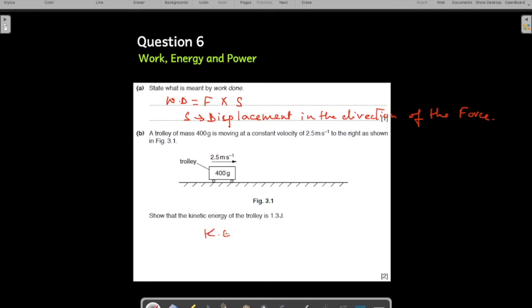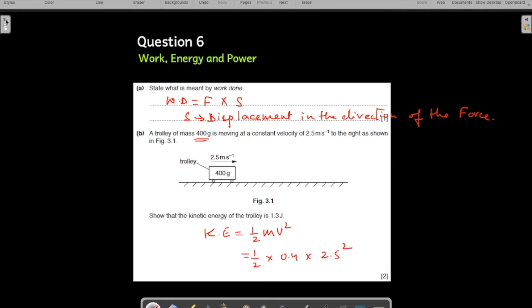Kinetic energy is half mv squared. Substitute the values. The only thing you need to take care of is that all the values should be inputted in SI units. So gram is not an SI unit, you'll have to change it into kilogram. 0.5 times 0.4 times velocity 2.5 squared.